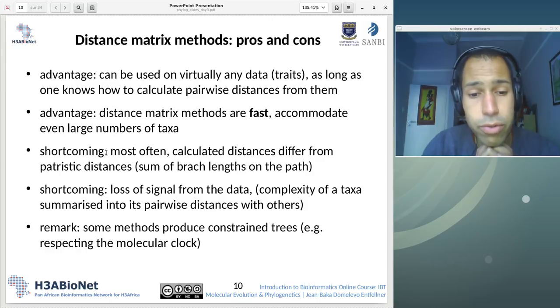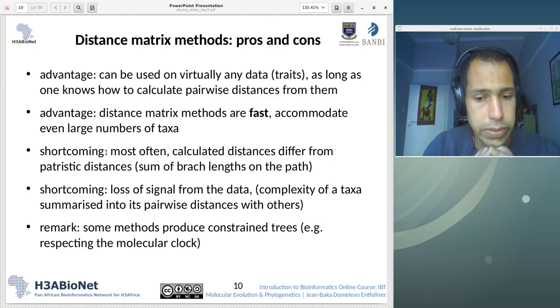There is a loss of signal from the data also, because in any case with distance matrix methods, the first step is to move away from the original data to a distance matrix, and after that, when you build your tree based on this distance matrix, the original complexity of the data is not completely forgotten, but any taxon is reduced to the expression of its distances with the other taxa, and that's all.